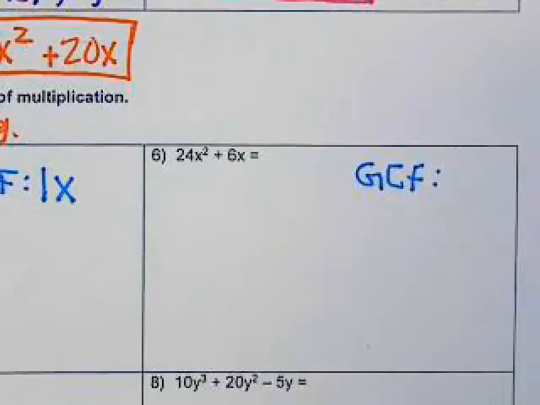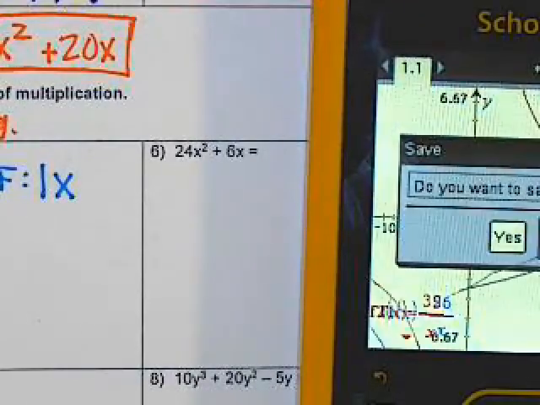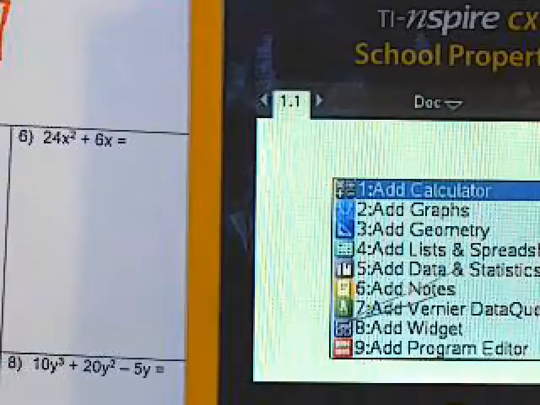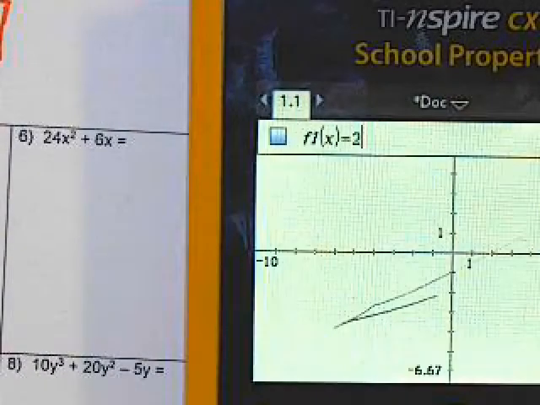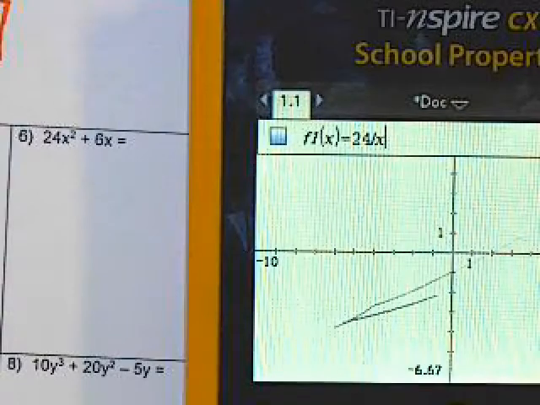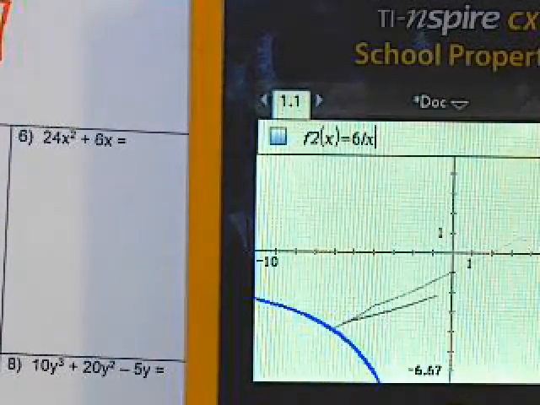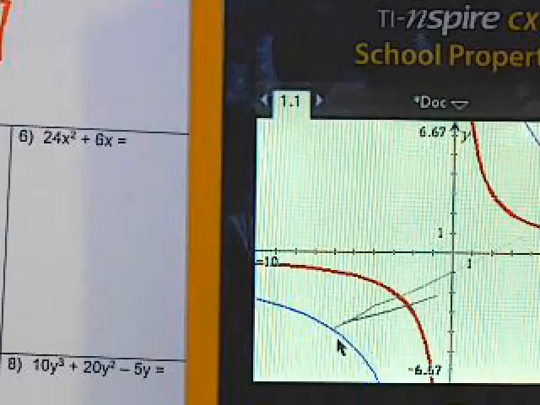6. Now I do want to plug it in the calculator so we can practice, because it's not always going to be that easy. So I'm going to do 24 divided by x, tab, 6 divided by x. And then where do I go?